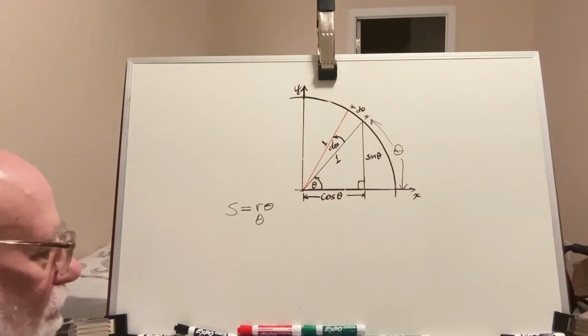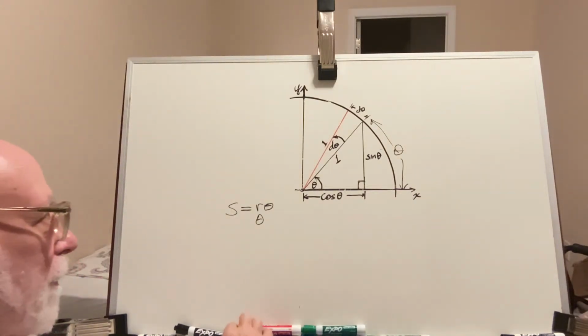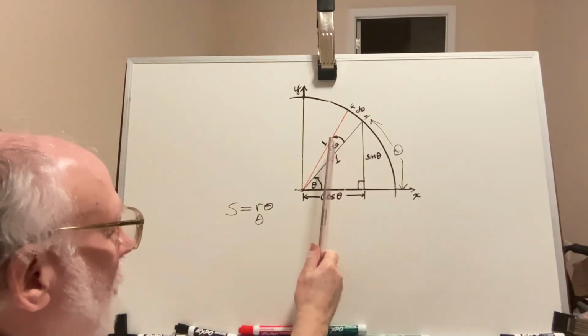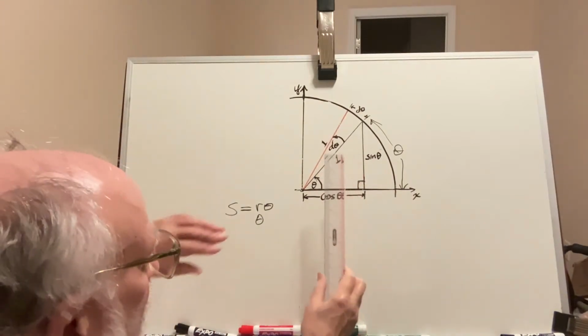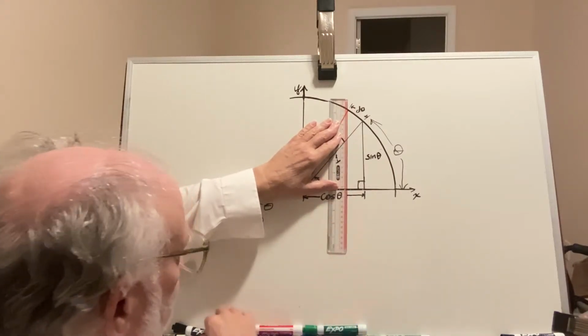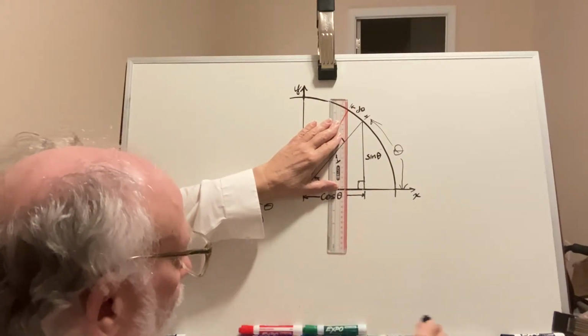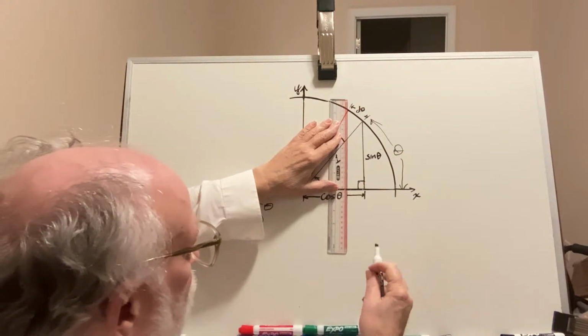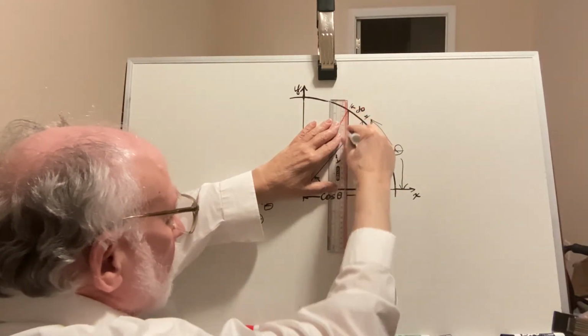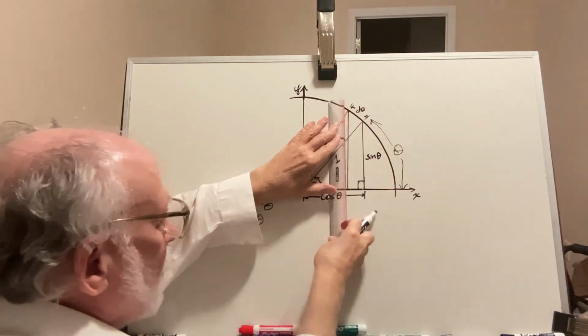So we won't get into the theory, but we'll just move along. Now, as theta increases, sine increases. You see that? So we can draw the new positions.